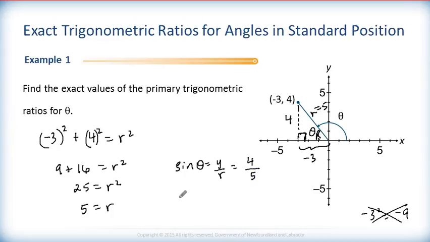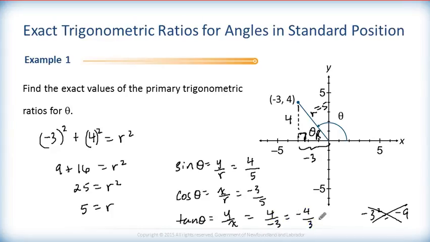So it's 4/5. Cosine theta, x value over r value, is -3 over 5, and tan theta equals y over x. Didn't even need the Pythagorean theorem for that one. It becomes 4 over -3, but we like to move the negative sign to the top of the fraction.